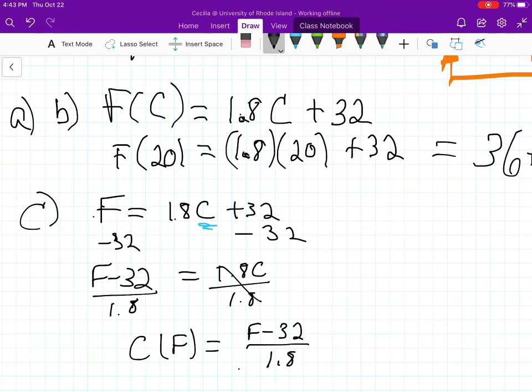And now we're prepared to answer the question about what is the degrees in Celsius when Fahrenheit is 70. Okay, so we go ahead and put this in our linear transformation formula as 70 minus 32 over 1.8, and then we can put this in our calculator.